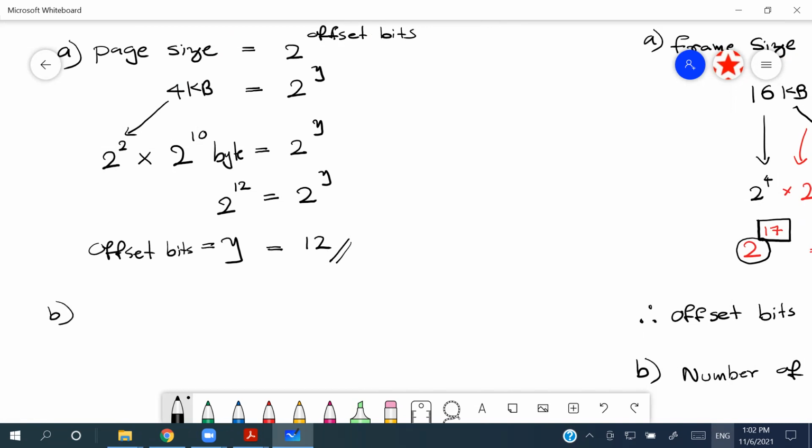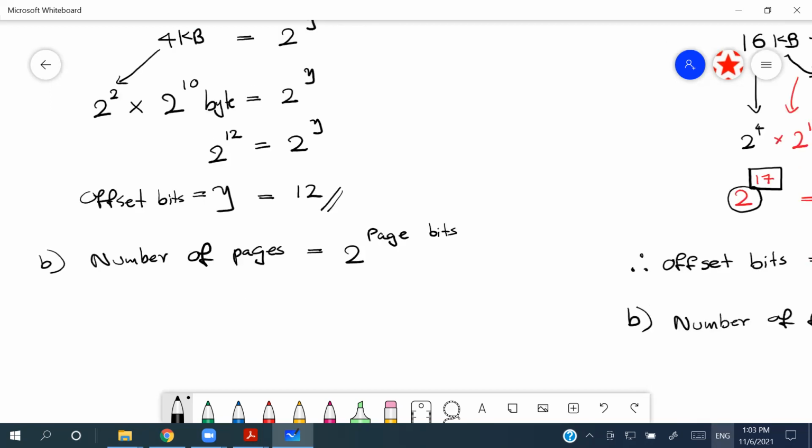Then in part B, it is asking the number of bits in the page. So for that, we are going to use this equation. Number of pages equals 2 to the power page bits, right? So number of pages, what they have said is 64. 64 pages are there. So 2 to the power x.